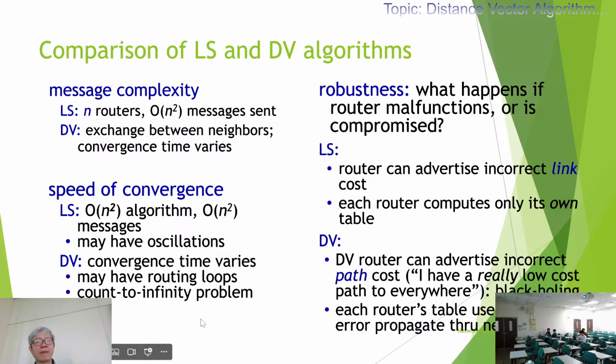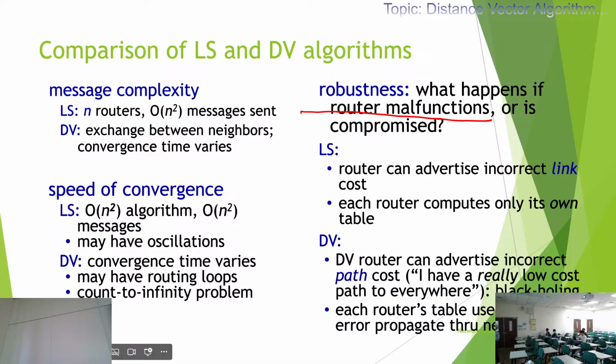And next one is about robustness. If a router malfunctions, or maybe is compromised, how about link state?